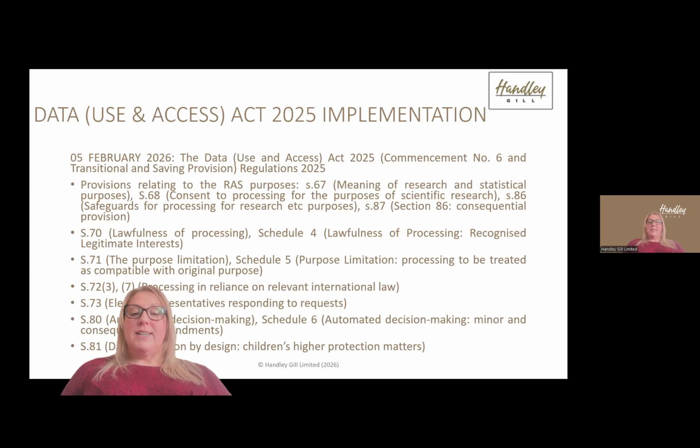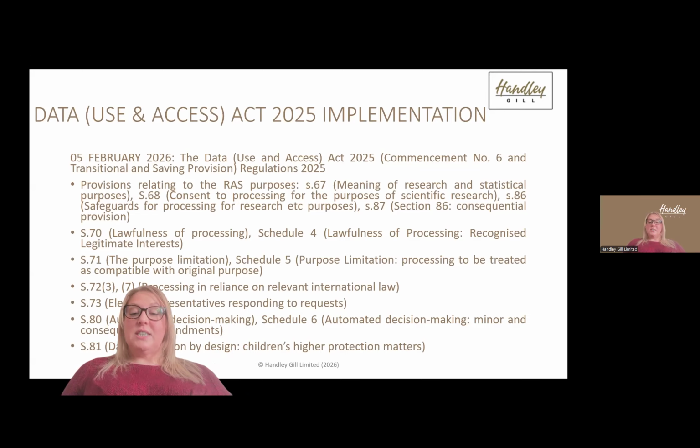Section 72.3 and 7 relating to processing and reliance on relevant international law. So we talked earlier about the change where public authorities could process personal data. Their lawful basis didn't just have to be in domestic law, it could also be under relevant international law, which is currently defined solely by reference to the Cloud Act. Some further changes there. Section 73 of the Act relates to elected representatives responding to requests.